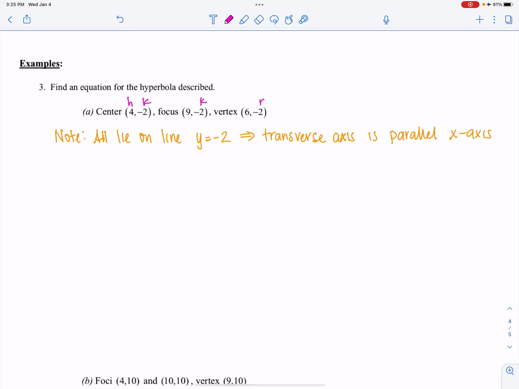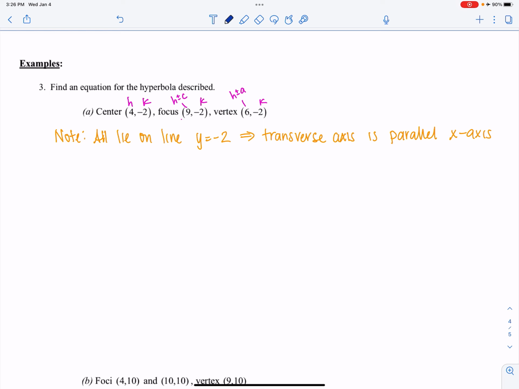Now our focus is H plus or minus C, and our vertex is H plus or minus A. So depending on what these values are, is going to help us find C and help us find A. So we're going to use that 6 and we're going to use that 9.